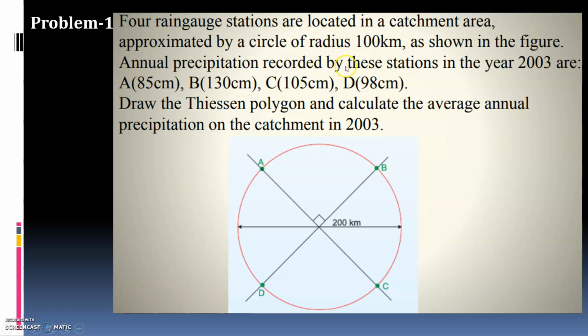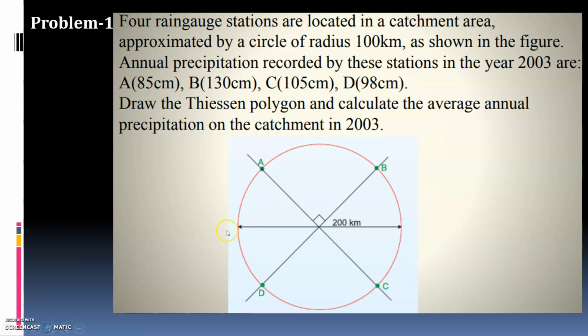Annual precipitation recorded by these stations in the year 2003: at rain gauge station A, the rainfall is 85 centimeter; at B, 130 centimeter; C, 105 centimeter; and D is 98 centimeter. Draw the Thiessen polygon and calculate the average annual precipitation on the catchment in 2003. So, it is asked to find the average precipitation using the Thiessen polygon method.